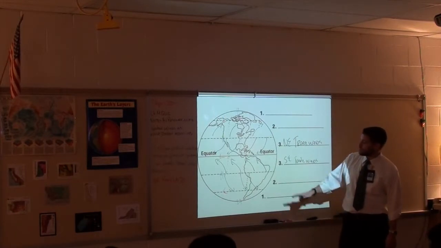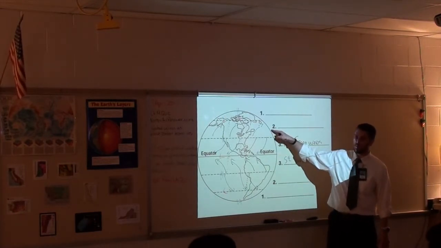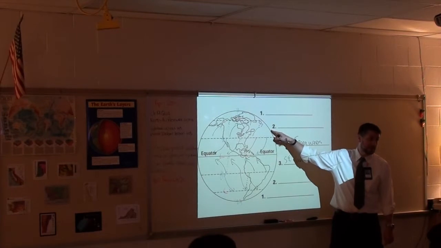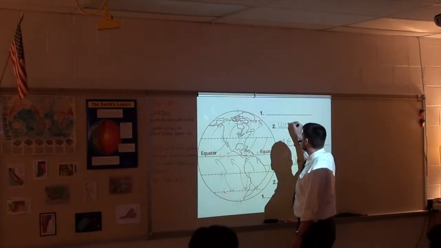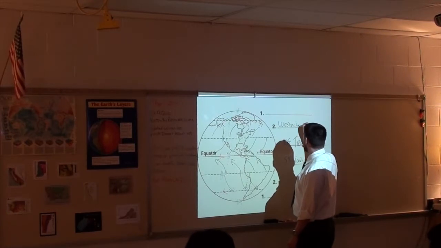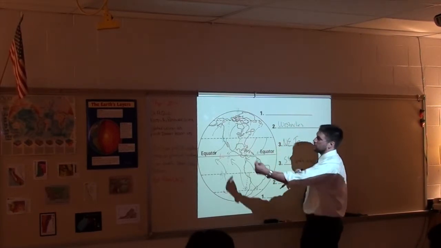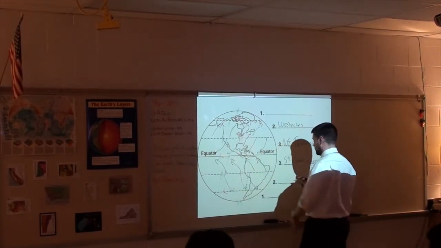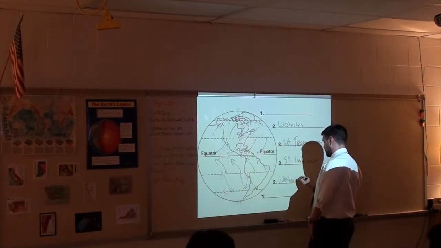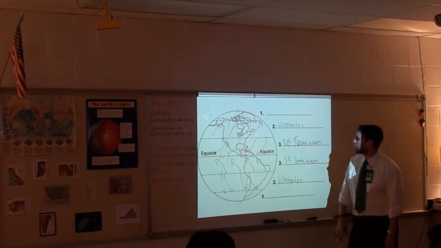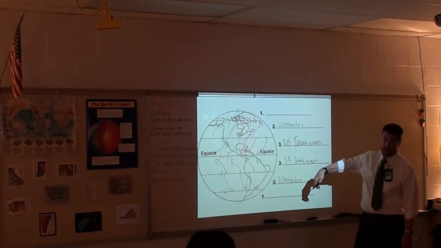We call these the winds that come primarily from the west. Why is it the west? Because they come from the west. The westerlies. And we have two more that we have to fill in now.